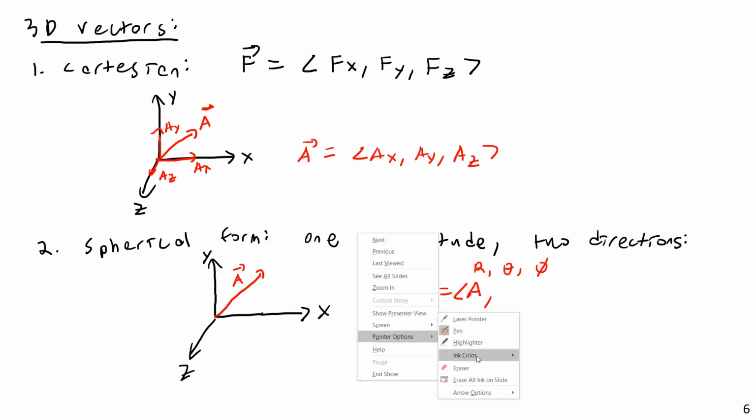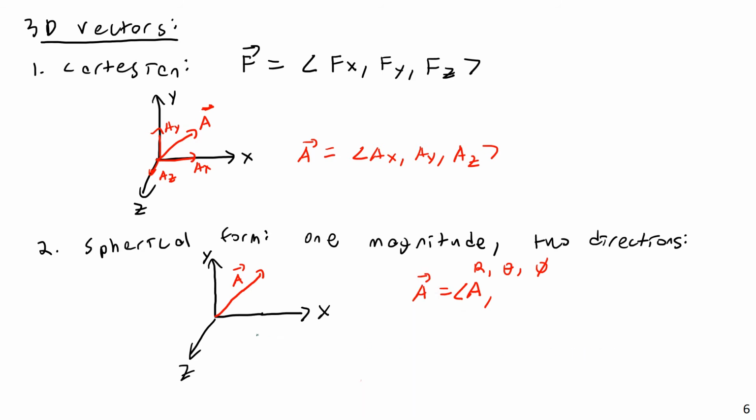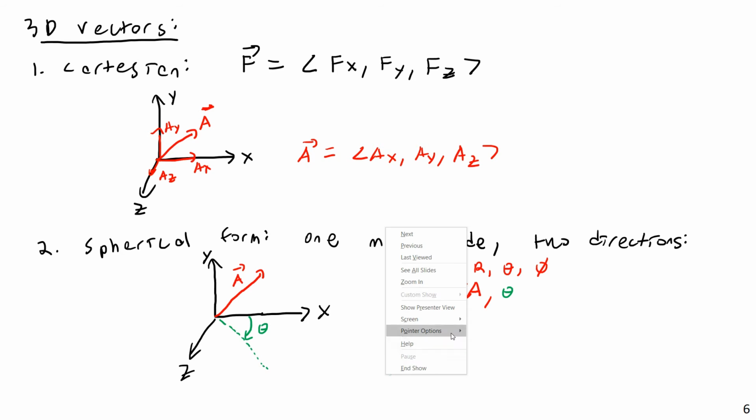Let me describe these in a different color. Let's say I had a theta, which was an angle along the xz plane. And so I would have some angle theta like this. I would basically find the projection of this down upon the xz plane, and then I would find the angle to that.